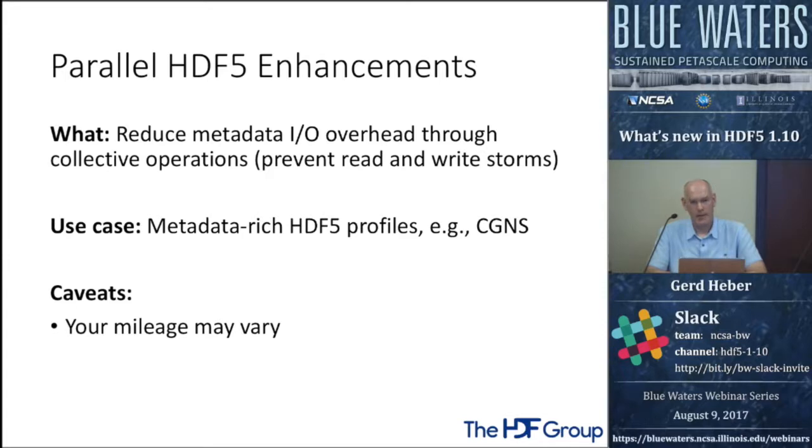And what many of our users found is that sometimes they would hit what we then dubbed a read storm or write storm, where a file system like Lustre would be bombarded with many small read requests or write requests. And again, the latency penalty can be pretty drastic in file systems like that.